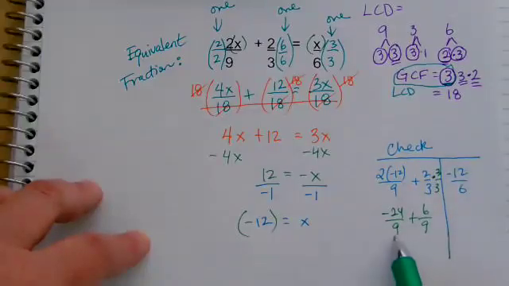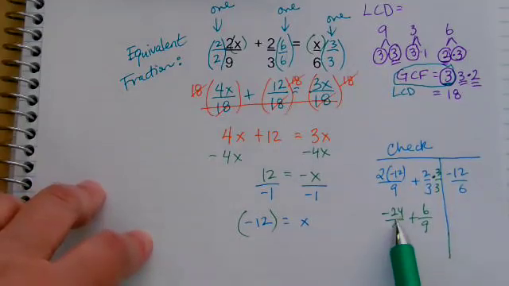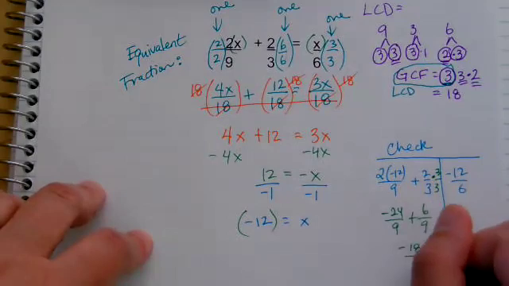Does everybody understand why, instead of 18, I can go just to 9, because I just need to add those two fractions. What's -24/9 plus 6/9? -24. You owe 24, you have 6. Isn't that -18/9?